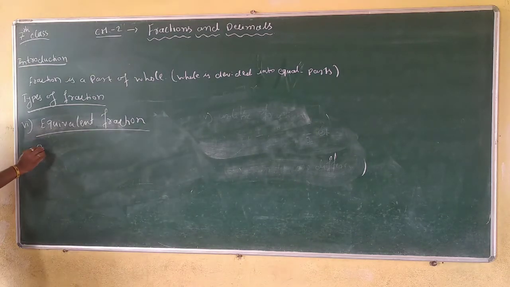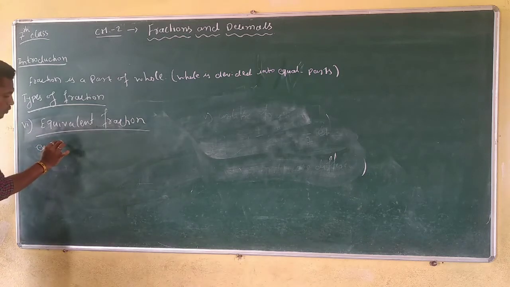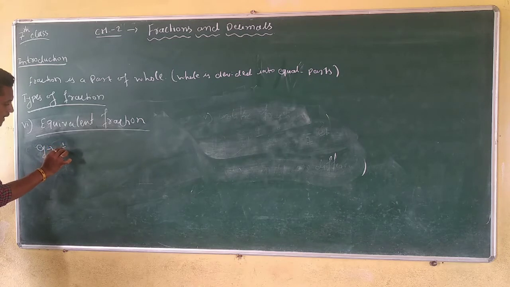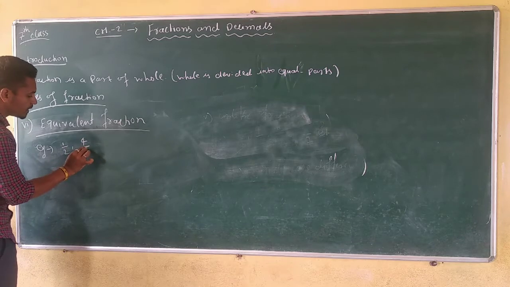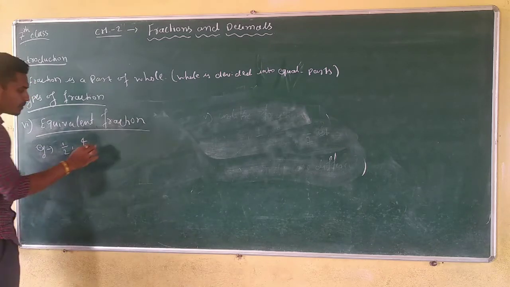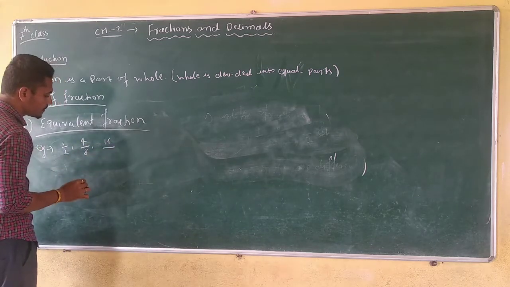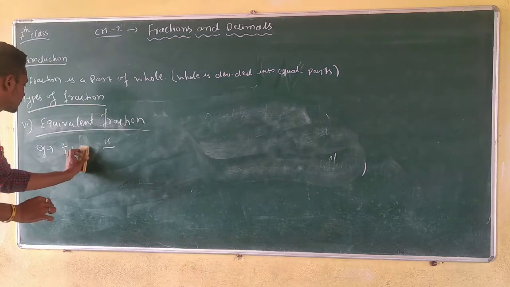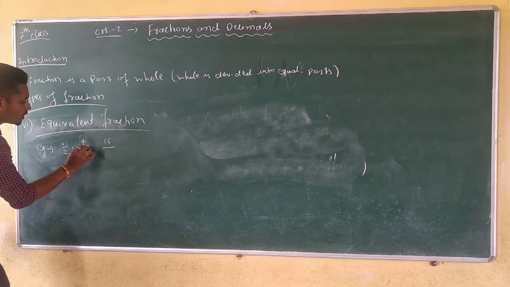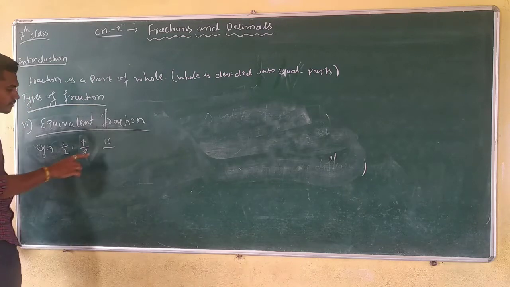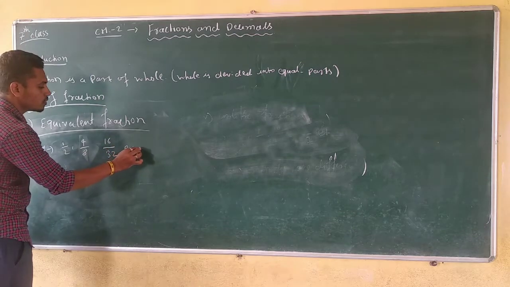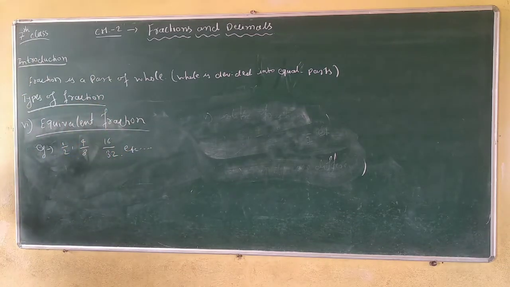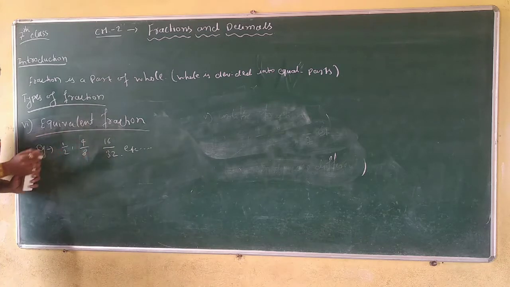I will give some examples first. 1 divided by 2, 4 divided by 8, and 16 divided by 32, etc. Okay. These are the equivalent fractions.